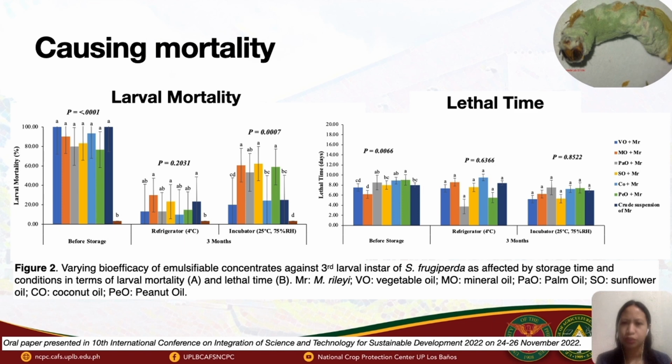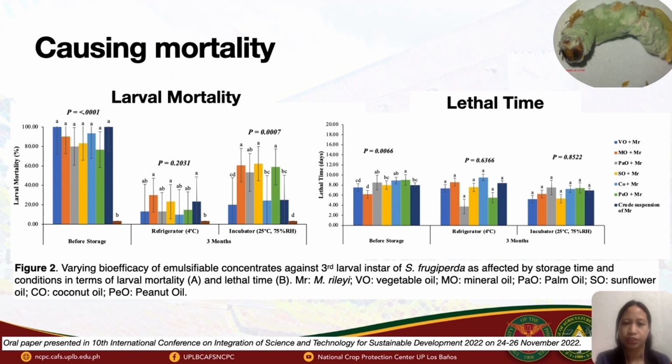These figures also suggest that all the EC formulations had similar effect, causing a 77 to 100% larval mortality before storage. However, mortalities generally declined after 3 months of storage, to about 10 to 62%.